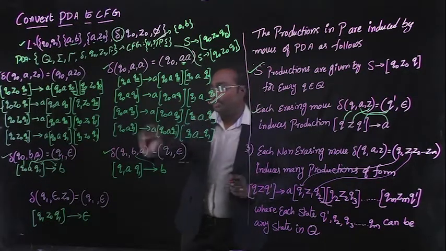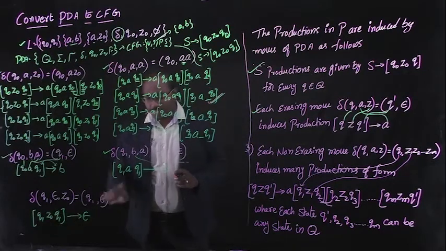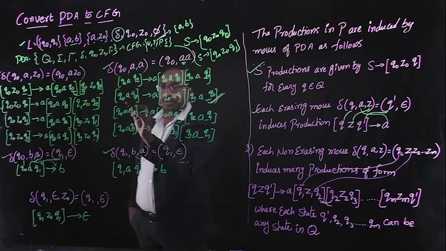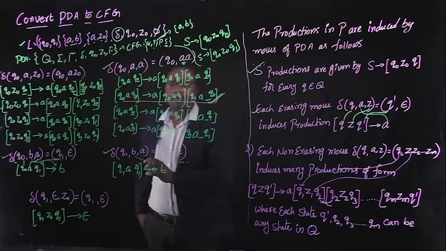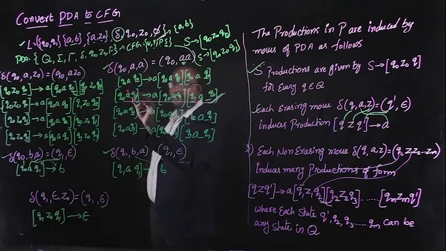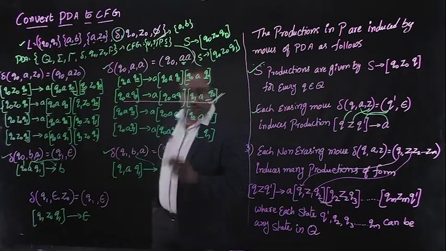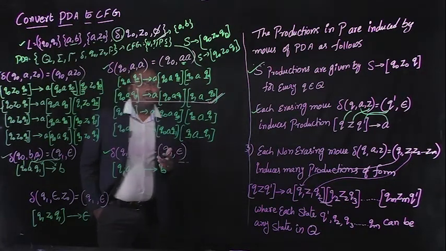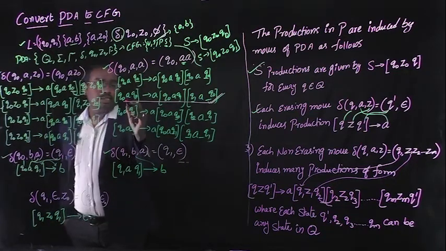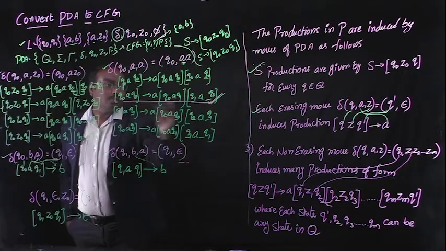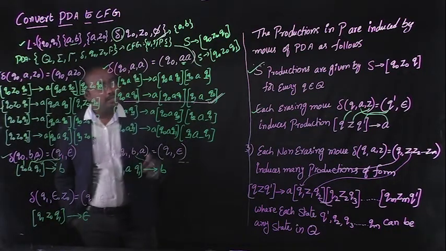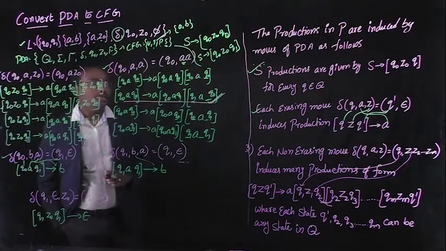There is no [Q1 A Q naught] production, so this is a useless symbol and this production should be removed. In a normal context free grammar we have to remove useless symbols. In the same way in these production rules, [Q1 A Q naught] is the useless symbol, so the entire production rules can be removed.